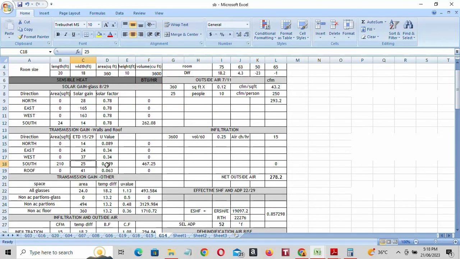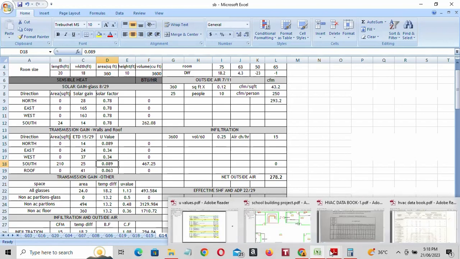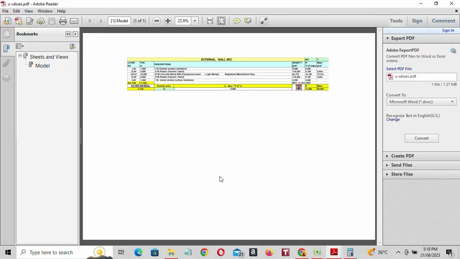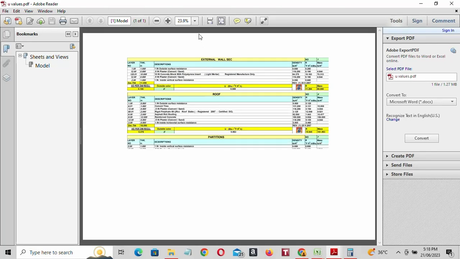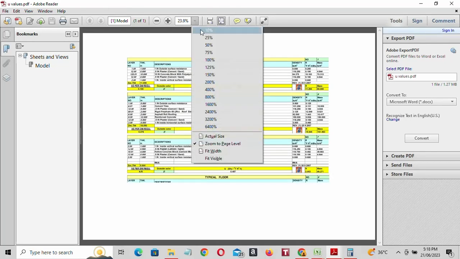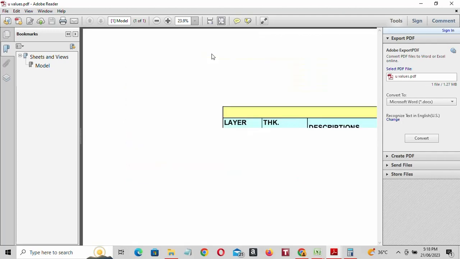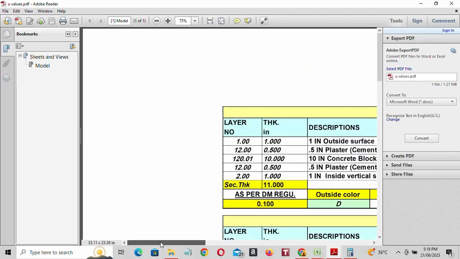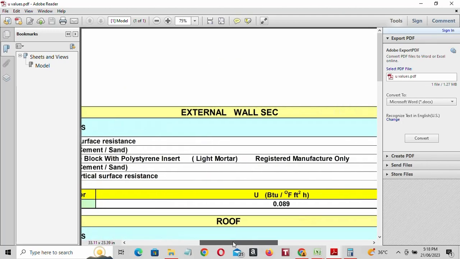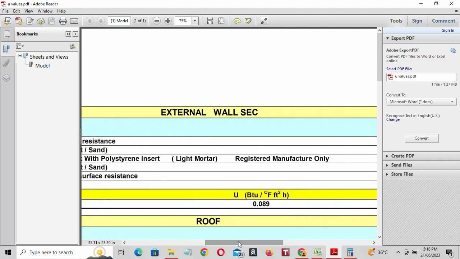And next is U value. Guys, you will get the U value from the civil department people.